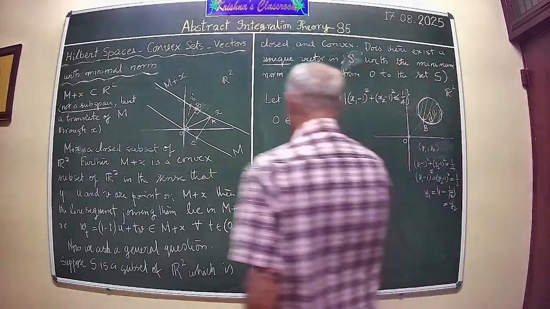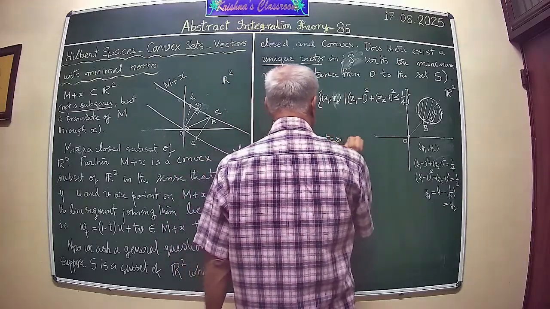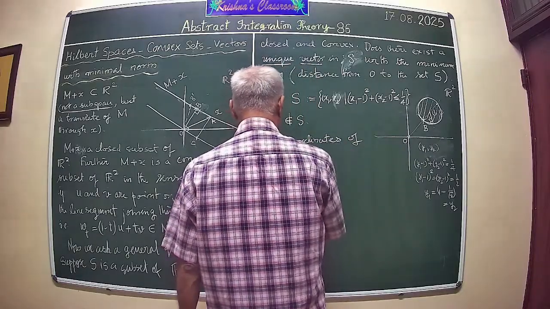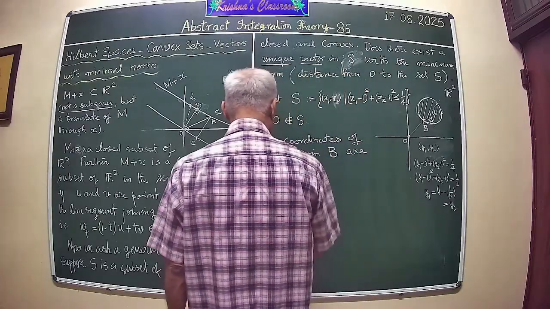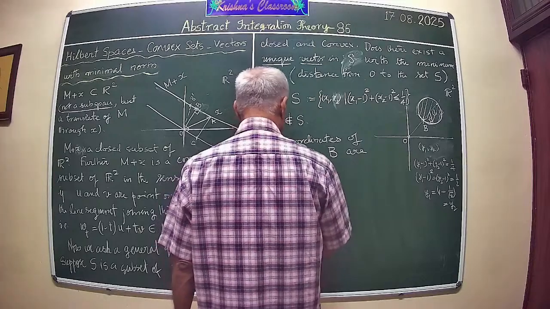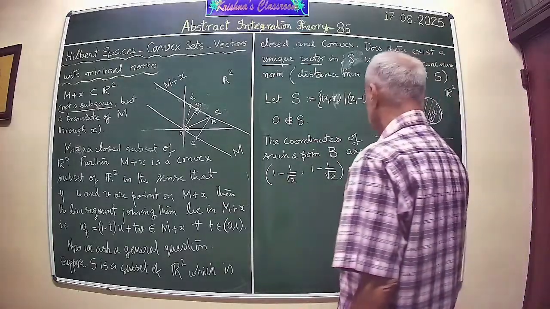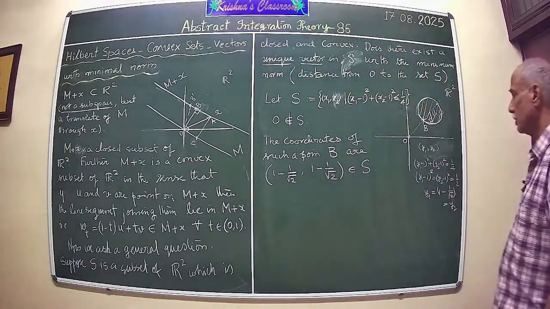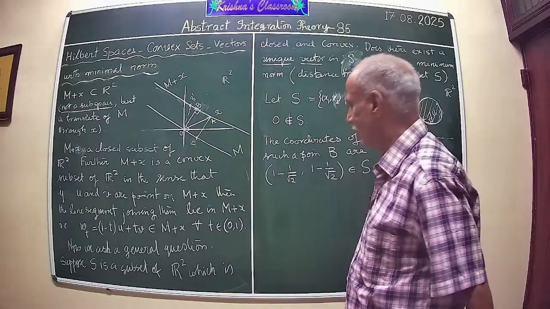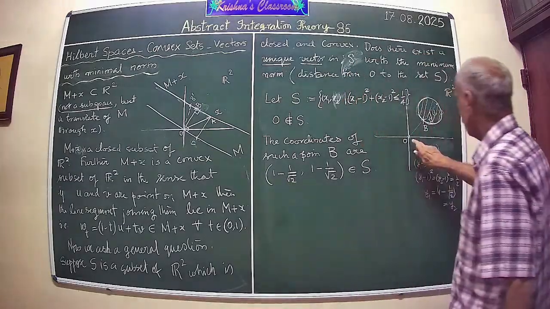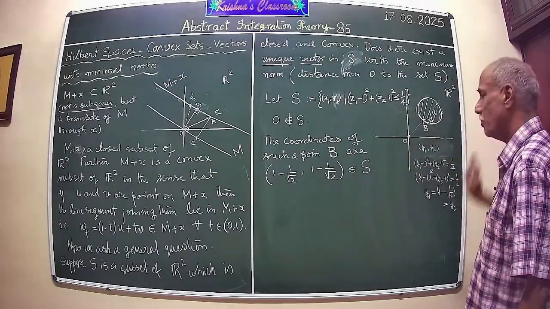Therefore the coordinates of B are given, and this obviously belongs to S. So for any other point in S, the distance from O to that point is going to be greater than the length of OB.